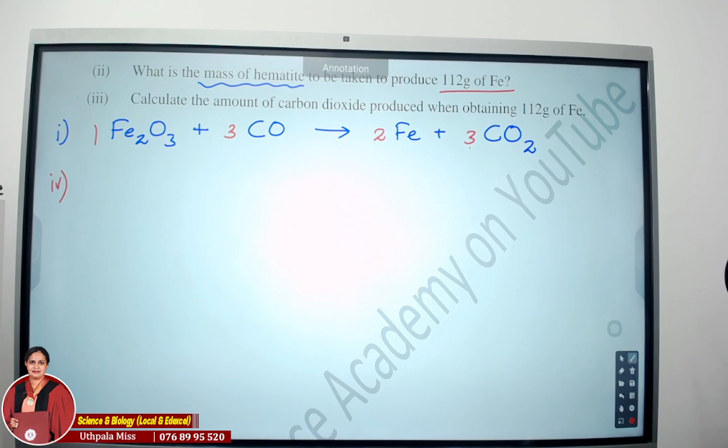Convert the number of moles into a mass. Many of you have 132, we'll see.